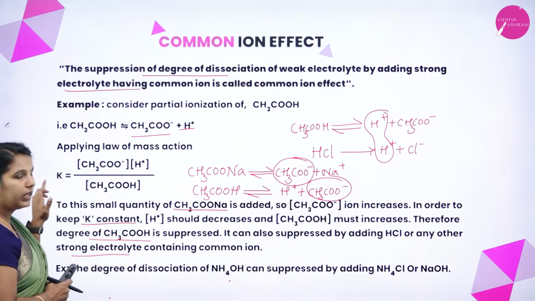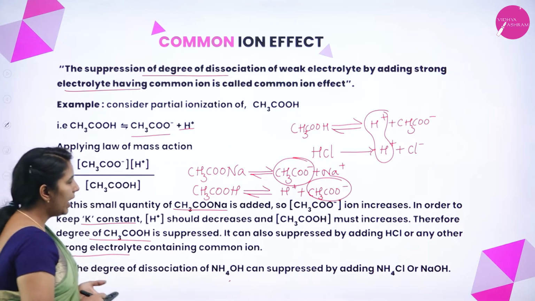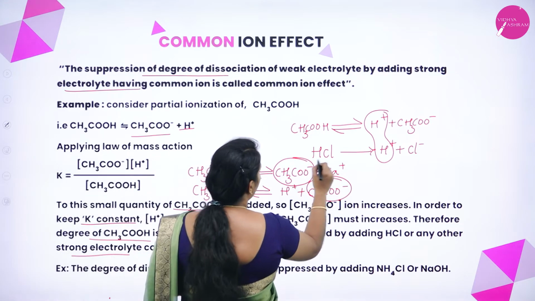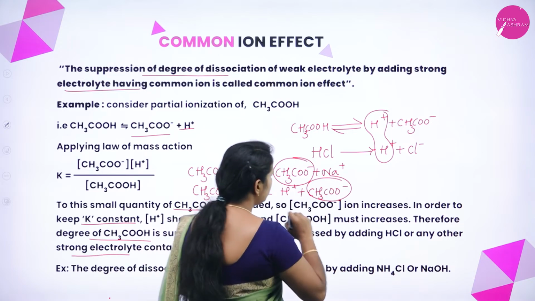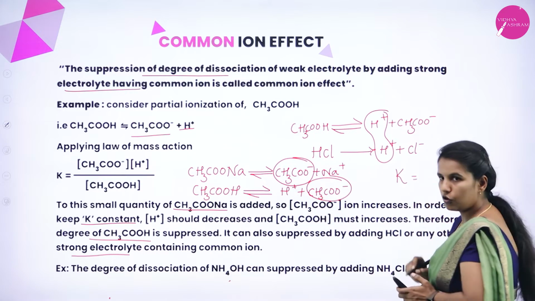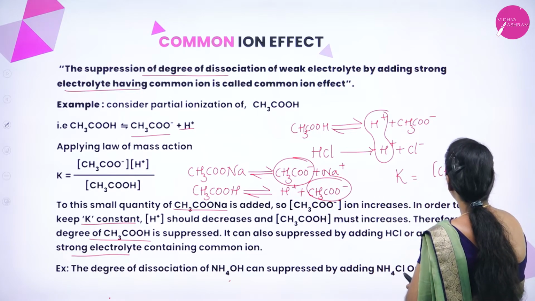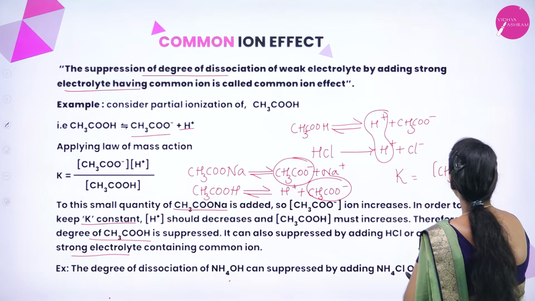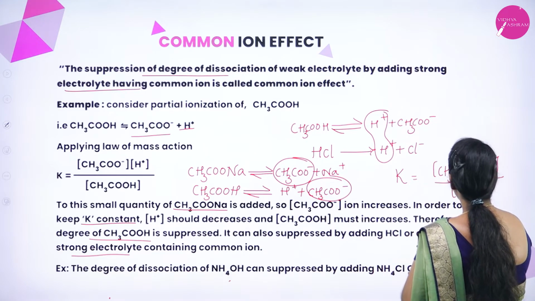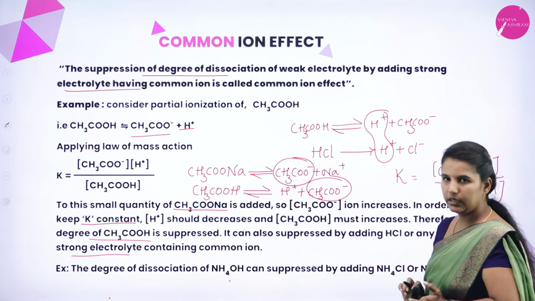Now, in order to keep this K value constant, we have to adjust the concentration of H plus ion. If you write the equilibrium constant, that is CH3COO minus times H plus divided by CH3COOH, this is for this reaction, correct?